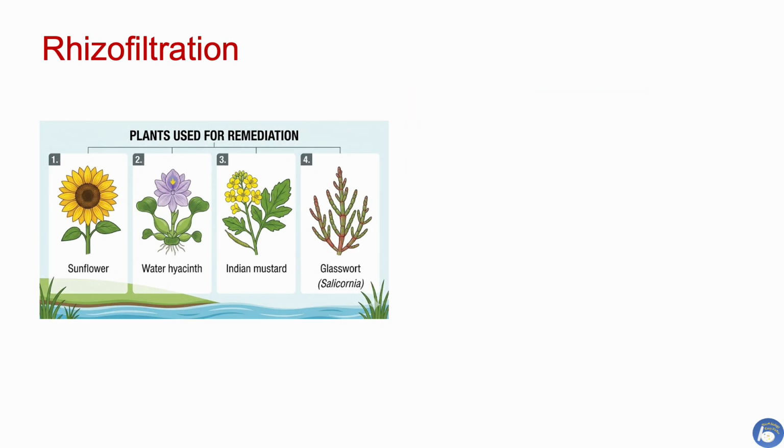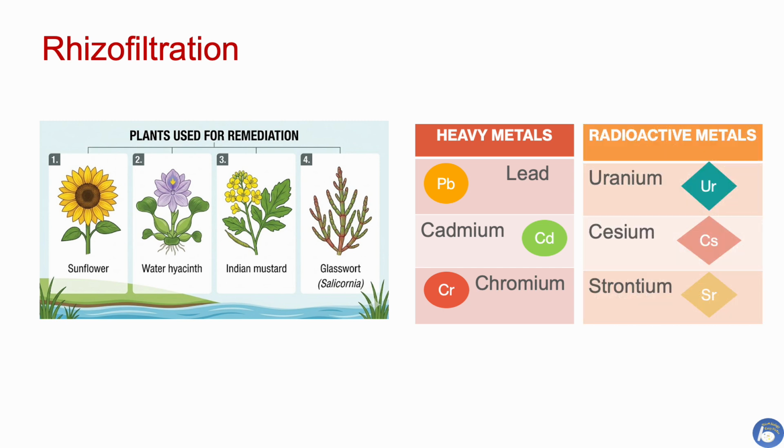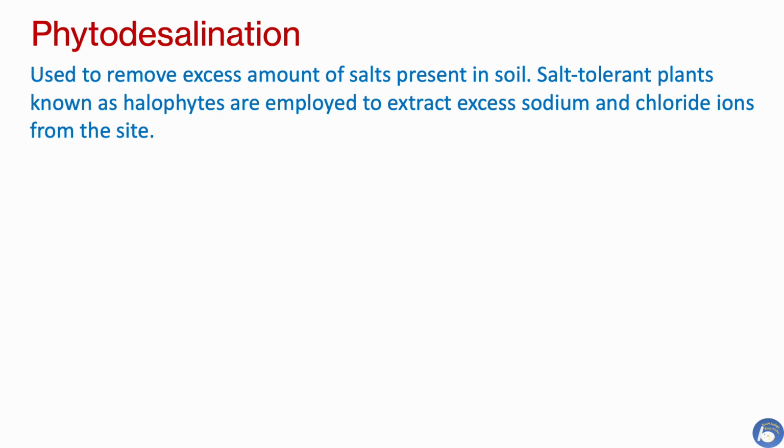Plants used for rhizofiltration are sunflower, water hyacinth, Indian mustard, and glasswort, etc. And contaminants that can be treated by rhizofiltration are heavy metals like lead, cadmium, and chromium, radioactive metals like uranium, cesium, strontium, etc.